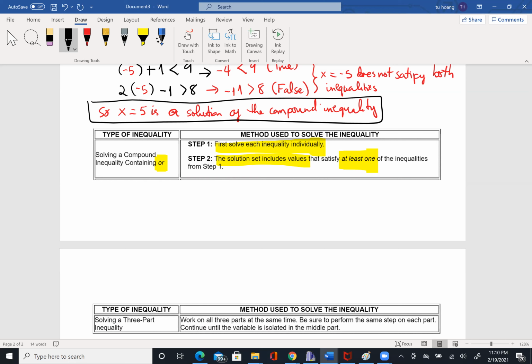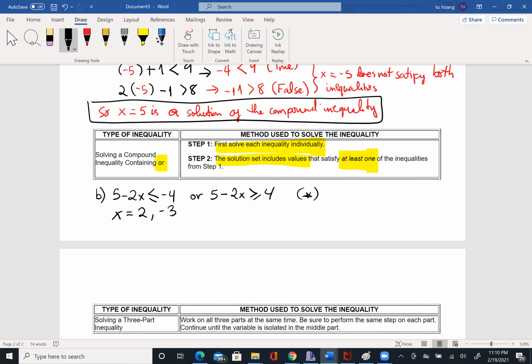Let's say example B: 5 minus 2x less than or equal to -4, or negative 2x greater than or equal to 4, for x equal to 2 or -3. And I will call this inequality star.